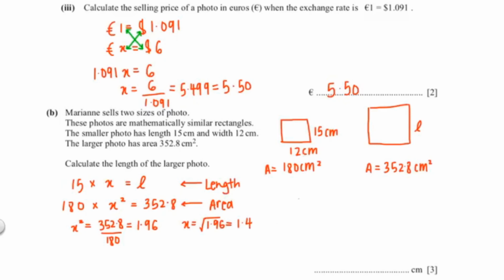Now that we found our x, we can multiply that with the length. So 15 multiplied by 1.4, and that should give you 21 centimeters. So the length of the larger photo is 21 centimeters.